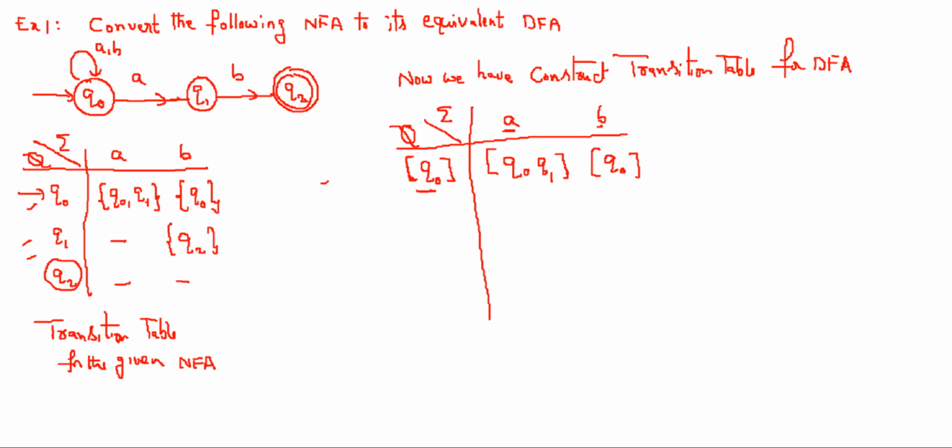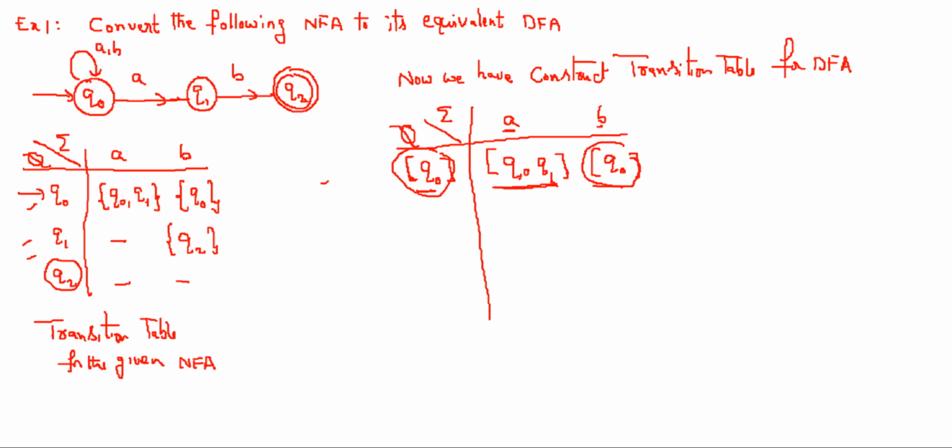Now you see, are any new states created? Here this is one state and this is another state. Here Q0 is already covered. We have discussed this Q0 already. Now what is the new state here? The new state generated is Q0 and Q1. From this we will start generating the other new states.